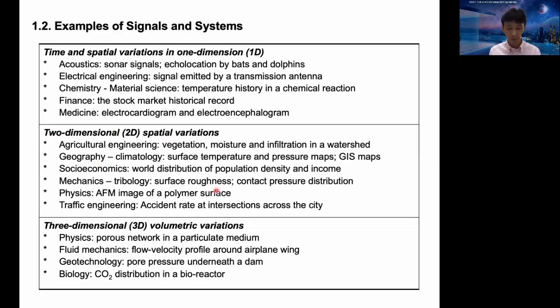In mechanics, maybe surface roughness, that's how the roughness varies over X and Y. And 3D volumetric variation is a porous network in particulate medium, and fluid mechanics, and CO2 distribution in a bioreactor. When you think in X, Y and Z, then those are 3D signals.